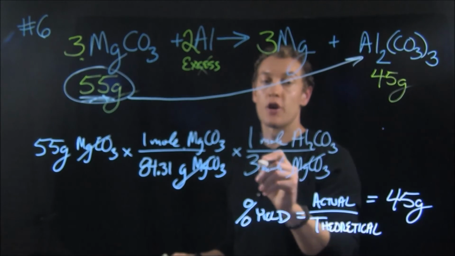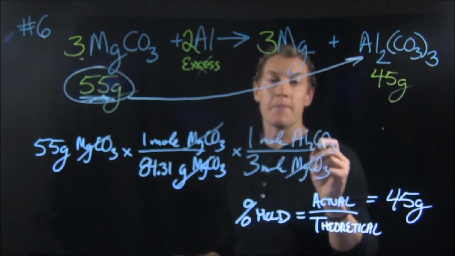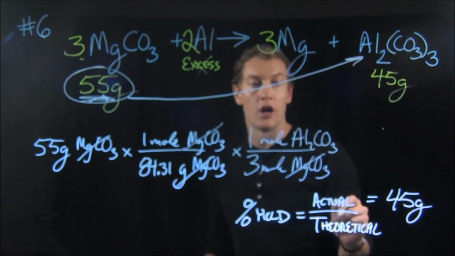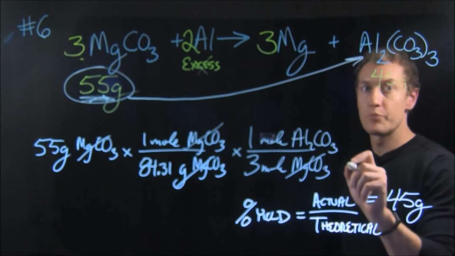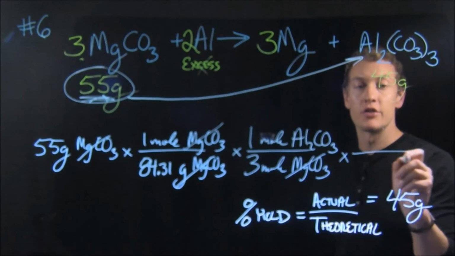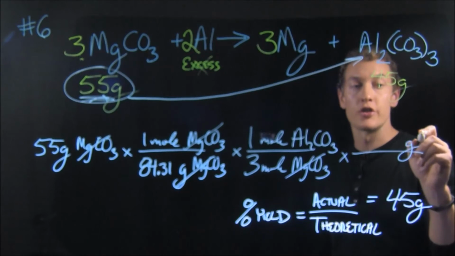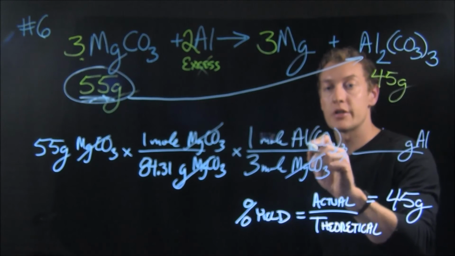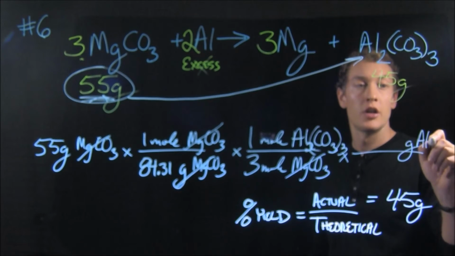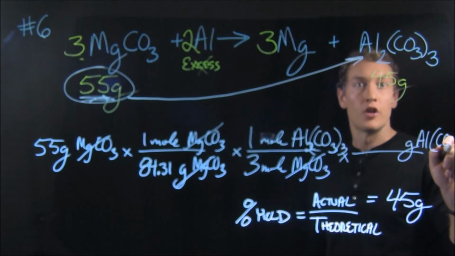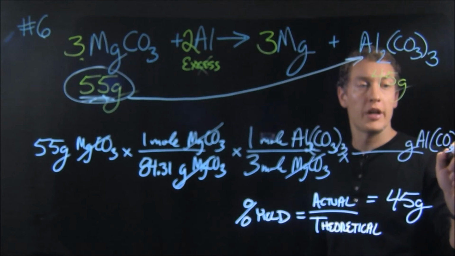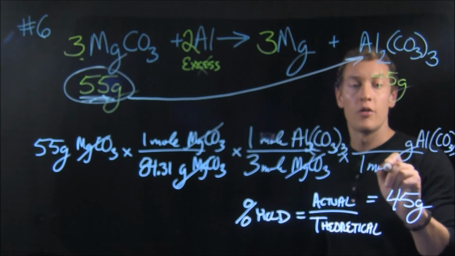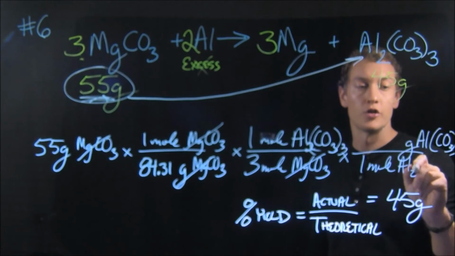Moles of magnesium carbonate are going to divide away, leaving us with moles of aluminum carbonate. And then we're ready to convert that to grams. So a certain number of grams of aluminum carbonate for every 1 mole of aluminum carbonate.